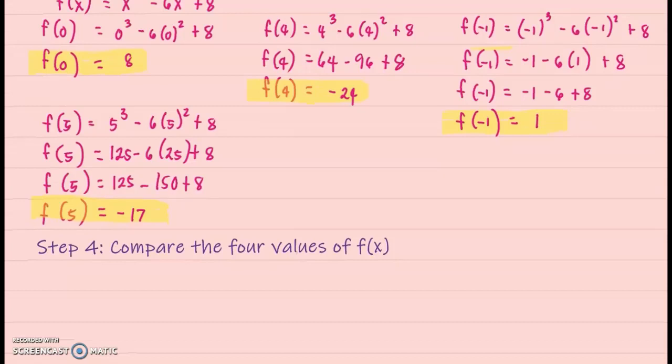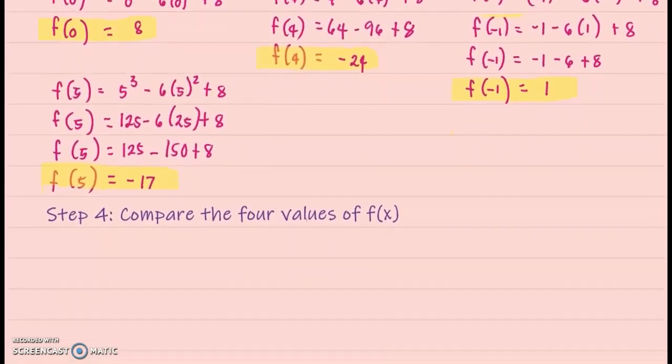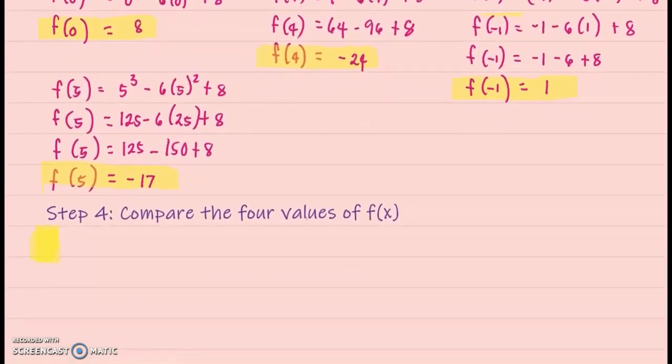So in step 4, you compare the 4 values of f of x. Let's write first the absolute minimum and absolute maximum.